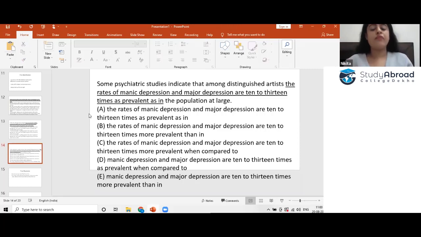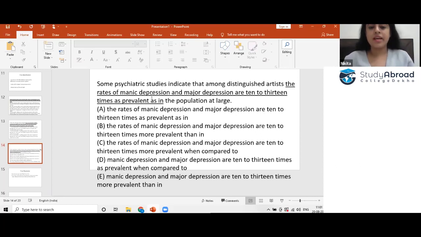You see that if we apply our mind in the right direction, by just one logic we are able to eliminate three of the options out of five, which is a win-win situation. So A, B, and C we eliminate because the word prevalent does not go in coherence with the rates. Prevalent, widespread, could be one topic, not the rates. Now let's have a closer look at options D and E.